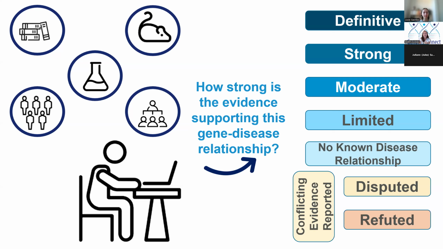So laboratories may use this type of information, these gene-disease validity classifications, to decide what genes they may put on a testing panel, or what genes they may want to report out findings for if someone's doing genome or exome testing. And clinicians may use this type of information when interpreting test results from their patients.